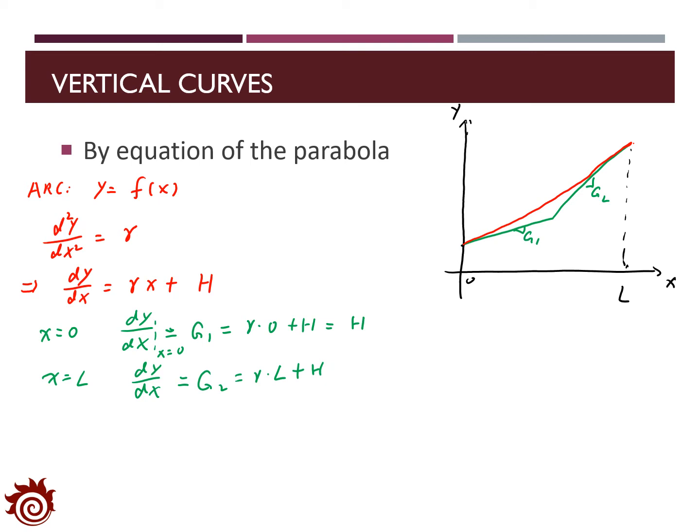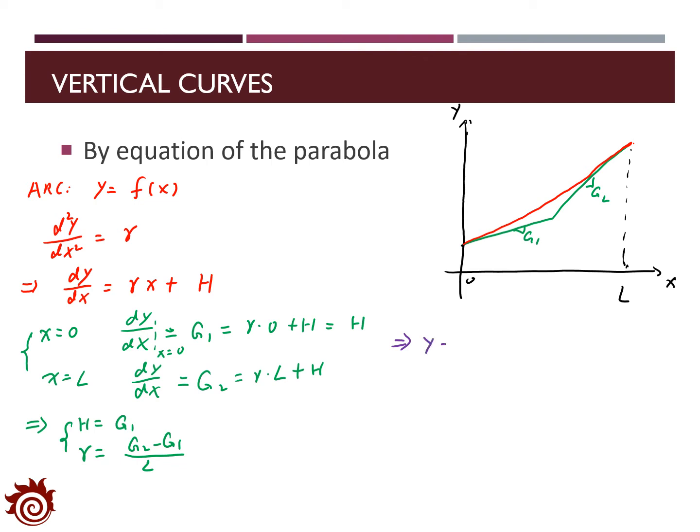With that, we can derive h equal to g1 and r equal to (g2 minus g1) divided by L. So with these two pieces of information, we can find out the function to describe f(x).